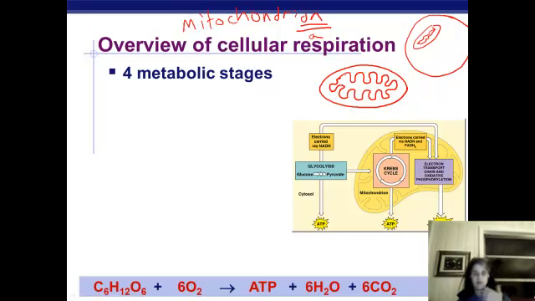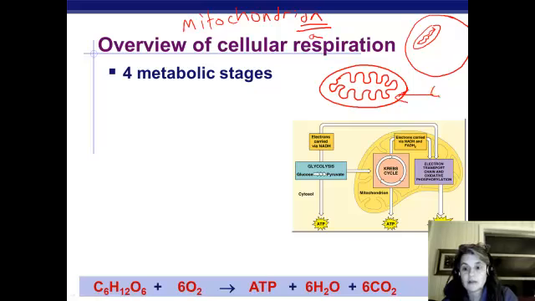Okay, so these are double membrane structures where the inner membrane is highly, highly folded. We are going to talk more about the structure of the mitochondria later when it becomes more relevant to us, but for now you need to understand that the bulk of cell respiration, CR, occurs there. So that's where the ATP is made.